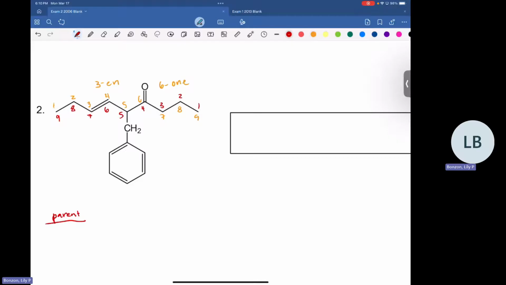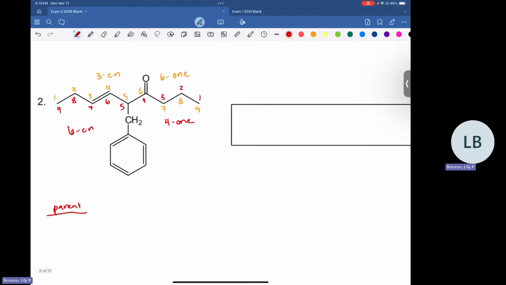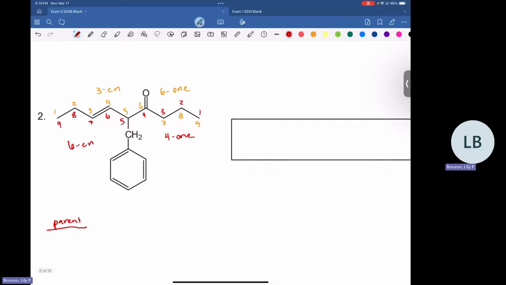For the red numbering, we'd have 4-one and 6-ene. So even though the numbers are overall lower with the orange, the ketone is our priority. So that's why it gets the lower number. And so that means in this case, we're going to be going with the red numbering.